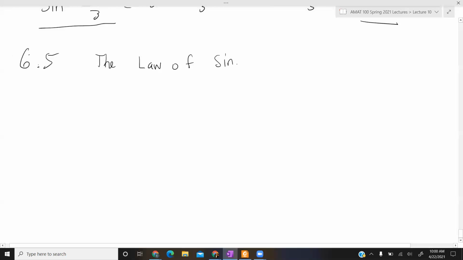In this section, we're going to learn some methods for solving a triangle, which sounds odd at first. What does it mean to solve a triangle?